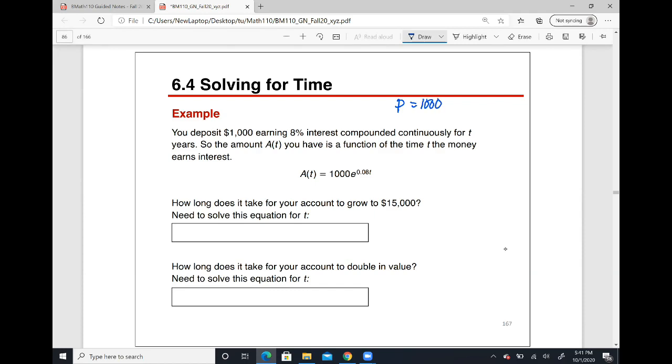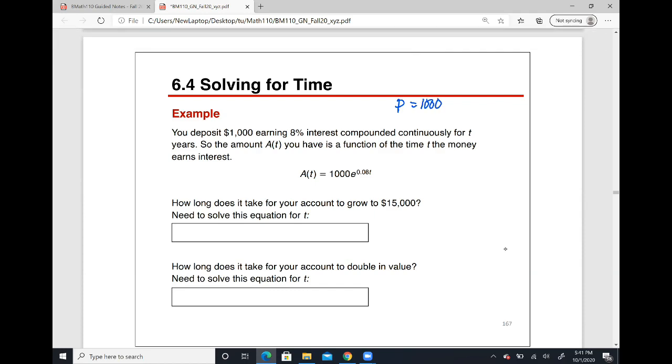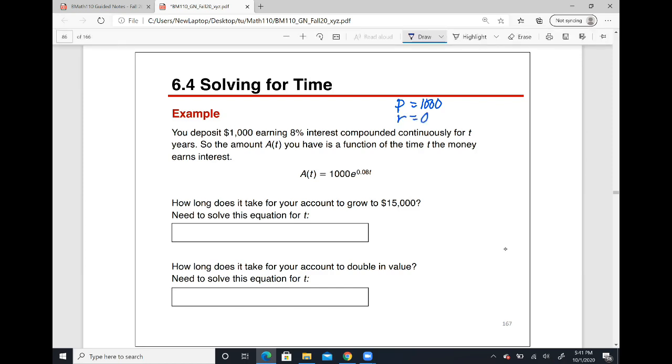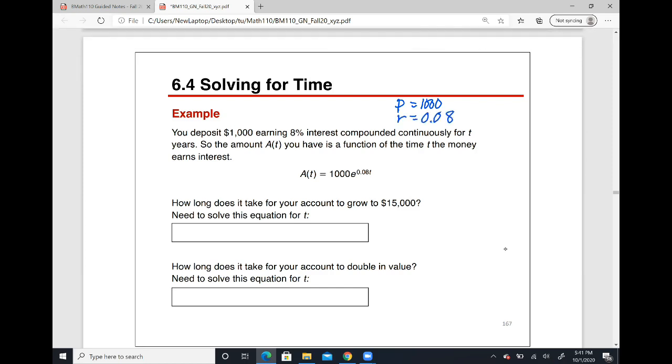The initial amount will be $1,000, and then the rate will be 0.08. And this is compounded continuously, so then you have to use A(t) equal to P times e^(rt).